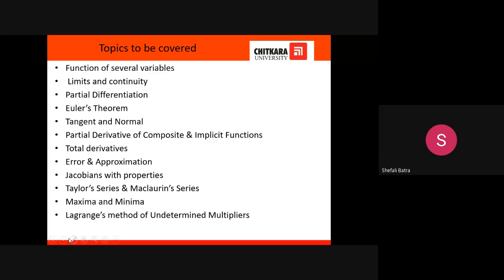So my first topic is function of several variables. But before moving to several variables, we will start with function of two variables. We know that we write y is a function of x. If I'm writing area of a circle, what is the area of a circle?